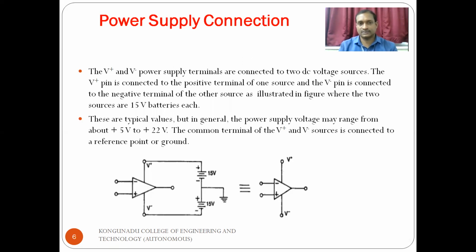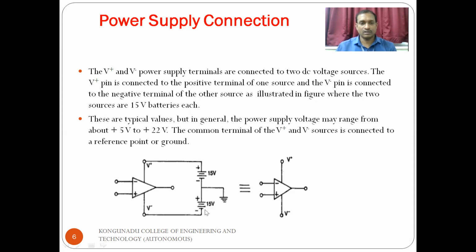Power supply connections. Basically, we need to provide a dual DC power supply. Plus VCC is the V plus terminal. We connect the V plus terminal to the positive point of the power supply. Here we use a 15 volt regulated power supply. The positive terminal is connected to V plus. Next, V minus is connected to the negative terminal of another DC source.